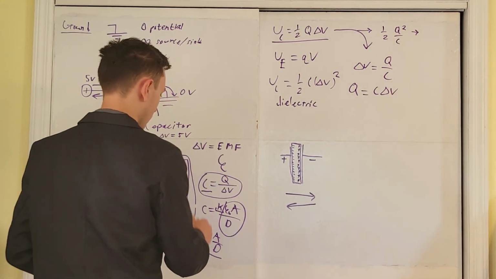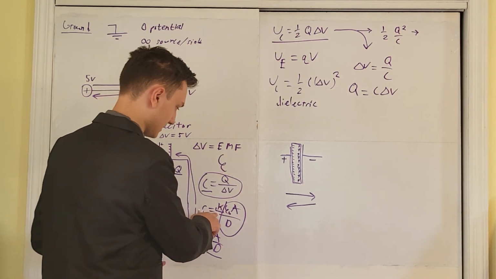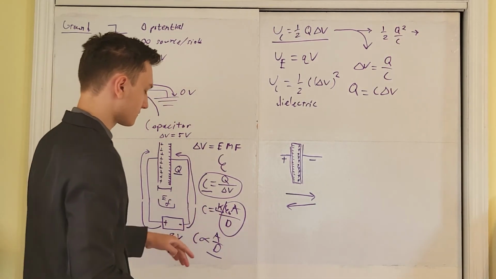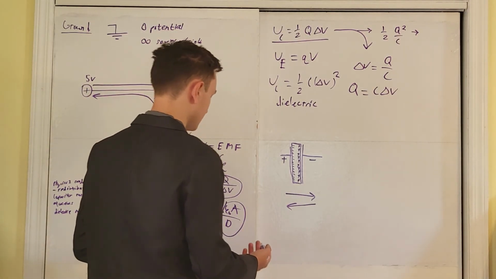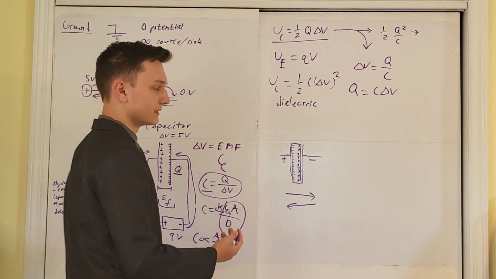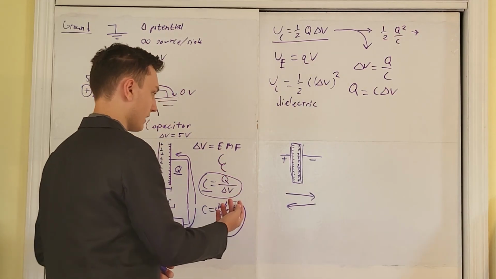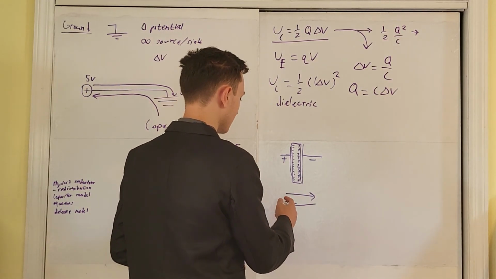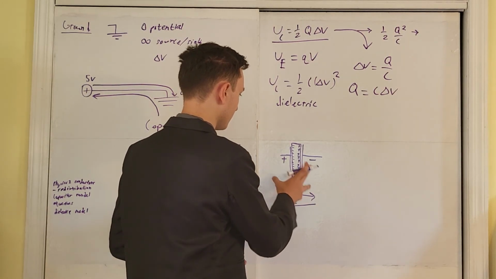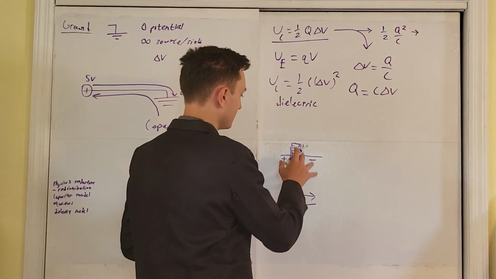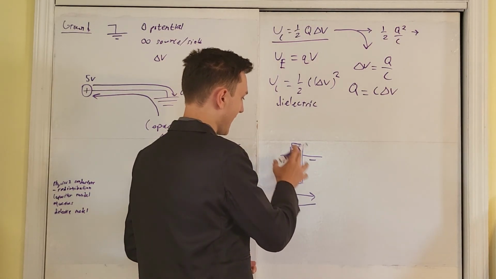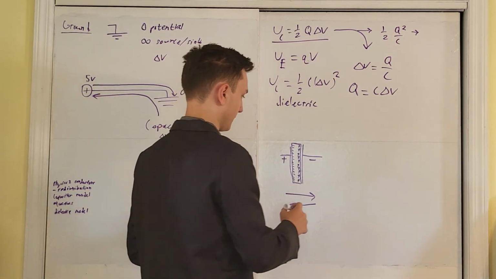So that is why your dielectric constant is in the numerator of your capacitance equation. The higher the dielectric constant, the more polarizable your dielectric. The more polarizable it is, the greater its ability to mitigate the repulsive forces, the greater its ability to keep the negative and positive charges happy, keep them stable, okay?